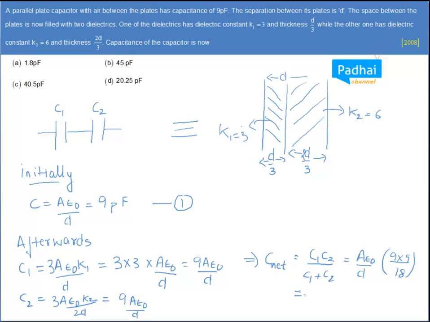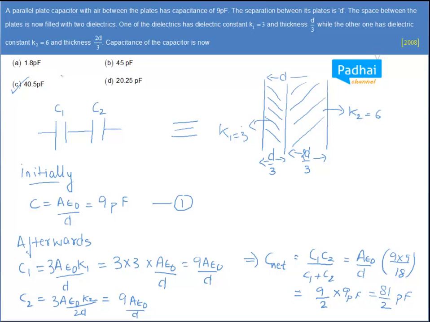So this will be equal to 9 by 2 into A epsilon naught upon D, and from 1, what was A epsilon naught by D? It was 9 picofarad, right? So that means this was 9 into 9 is 81 by 2 picofarad. That means 40.5 picofarad is the correct answer.